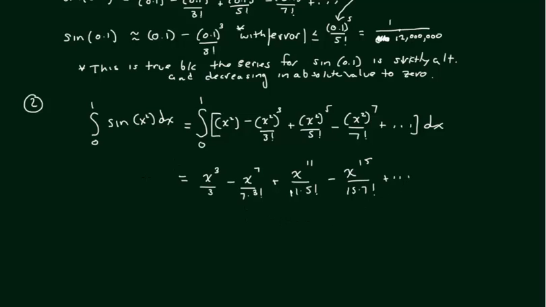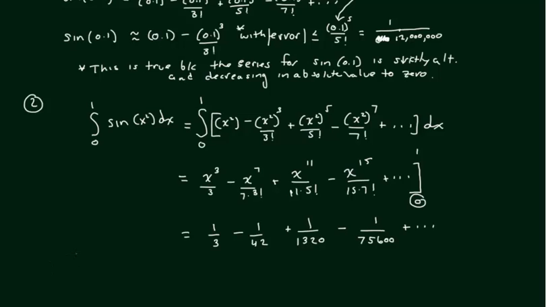Okay, so we have to take that using the fundamental theorem of calculus part 2 from 0 to 1. So when I plug that in, I get a third minus 1 over 42 plus 1 over 1,320 minus 1 over 75,600 plus dot dot dot. The 0 contributes nothing to the series.